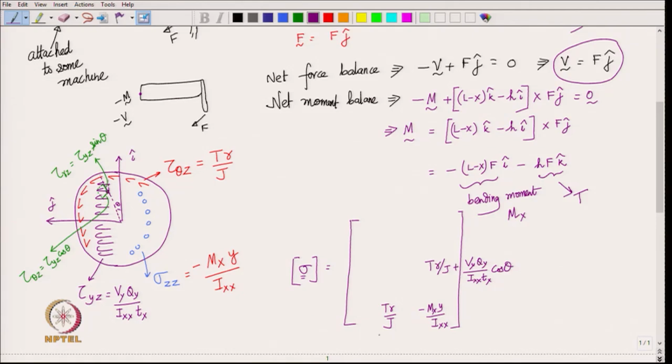Likewise, over here also we get plus V y Q y over I x x into T x cos theta, and then tau r z is equal to V y Q y over I x x T x sin theta, and then the same thing comes even here, and the rest all are 0. Okay, so, that is the state of stress matrix.